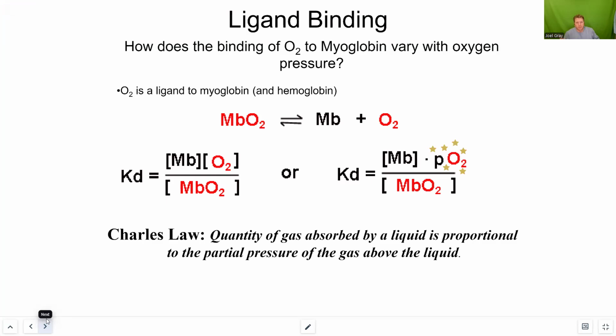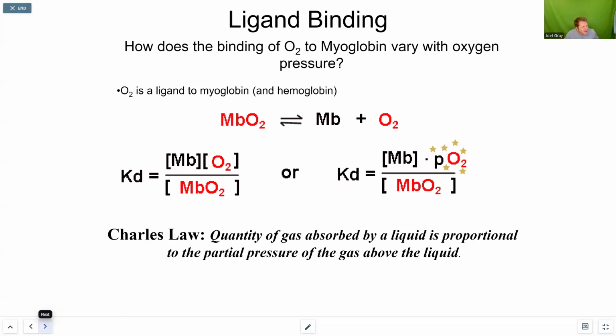I don't mean disrespect, but in the season, it says that a quantity of gas absorbed by a liquid is proportional to the partial pressure of the gas above that liquid. So you can determine the gas concentration above a solution and then presume that this gas is going to be absorbed in that liquid, the solution with our myoglobin protein.